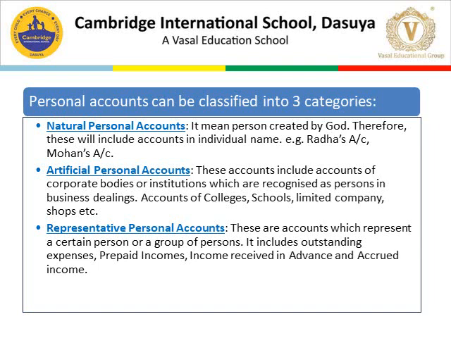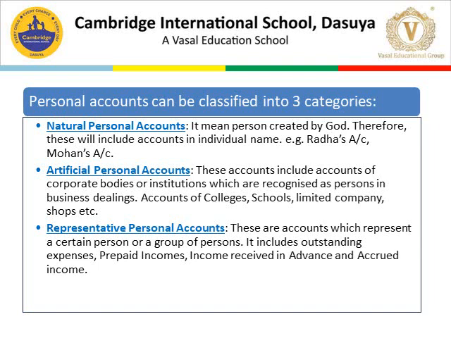For example, accounts of college, schools, limited companies, shops, etc. These are artificial persons. Any building which has a name is an artificial person, whether it's a small business, small school, big school, colleges, universities, hospitals, banks. These are the examples of an artificial person.